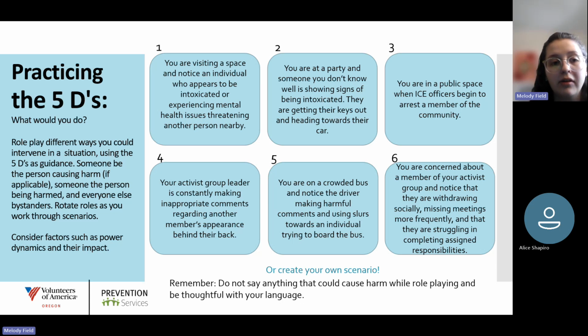If it's someone that you know or someone who seems to be wanting that help, you go that route. But it's important to notice your own positionality, your body size and height, and how that affects how you want to intervene.